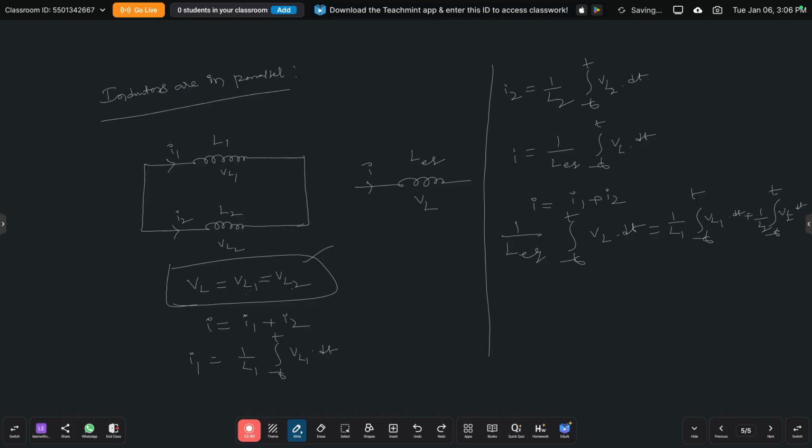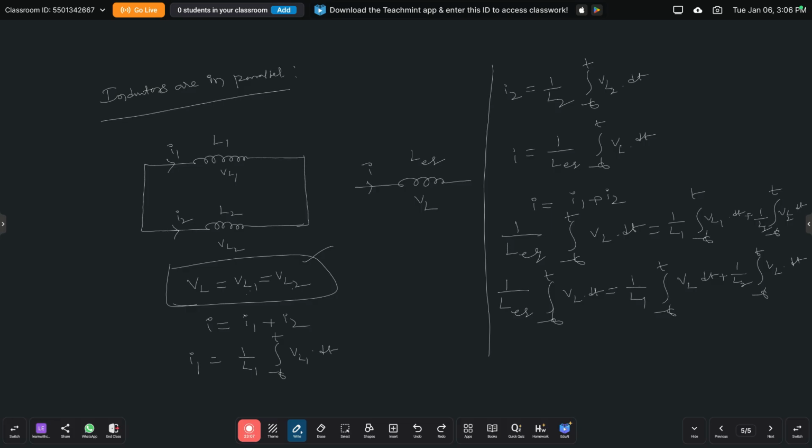Then the equation becomes 1 by L equivalent integration of minus infinity to t VL dt equals 1 by L1 integration of minus infinity to t VL dt plus 1 by L2 integration of minus infinity to t VL dt, since VL1 and VL2 are both represented by VL.